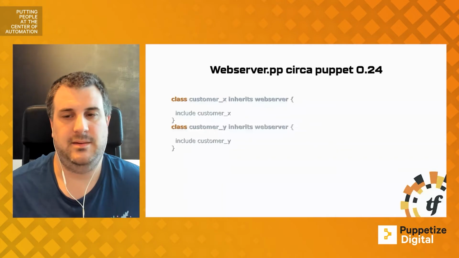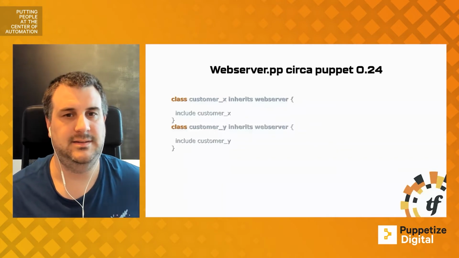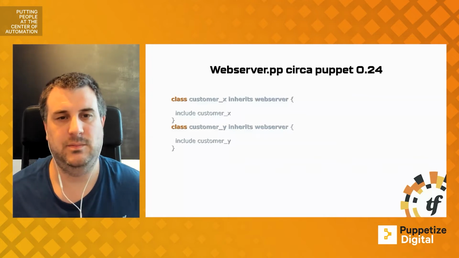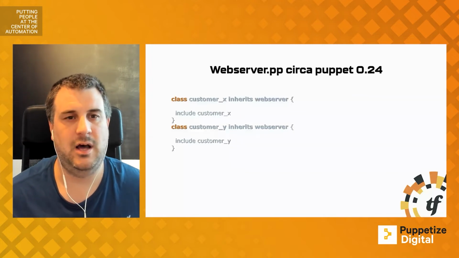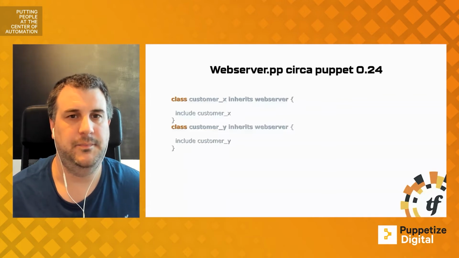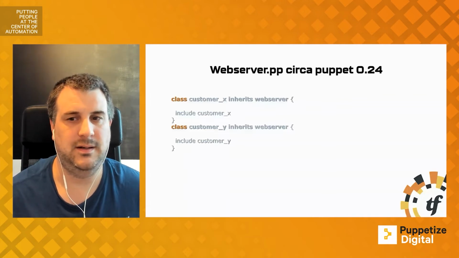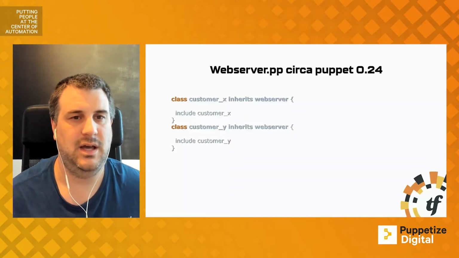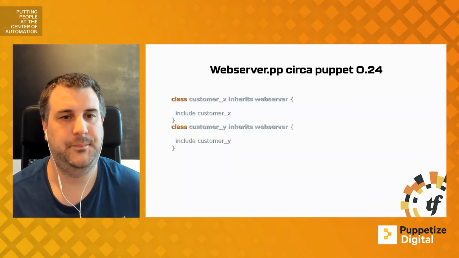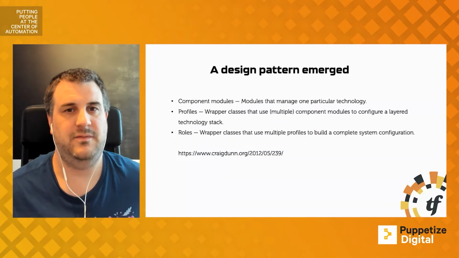But that actually made things worse. It became even more unreadable, even less extendable, and even less understandable what was going on at any given time. You would basically have to review the entire catalog to make sure what bits were applied, what bits weren't applied. That actually made life a bit worse.